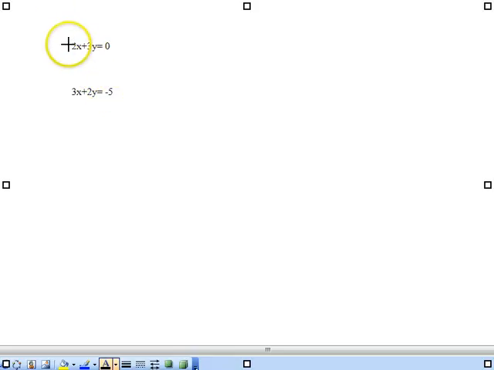And instead of, as you see in the example, they multiplied by 3 in the first equation and 2 in the second equation, this time you're going to multiply by 2 in the first equation, and then you're going to multiply by 3 for the second equation.